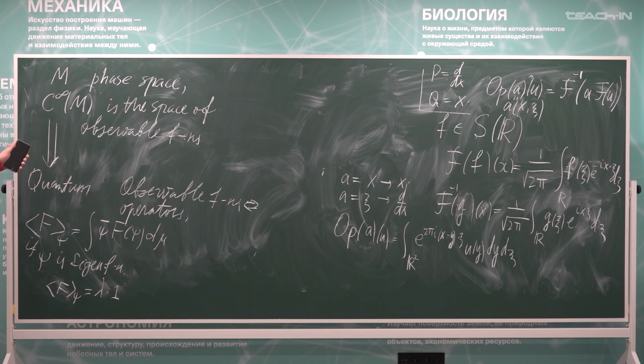If our function was real valued, it would mean that this average value should also be real. And it would mean that our operator, the quantum observable that plays the role of the given real valued observable function, should be self-adjoint, because only self-adjoint operators have real eigenvalues and no complex eigenvalues.